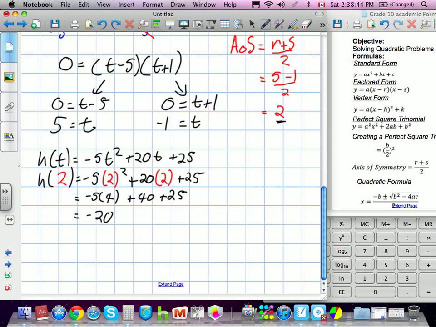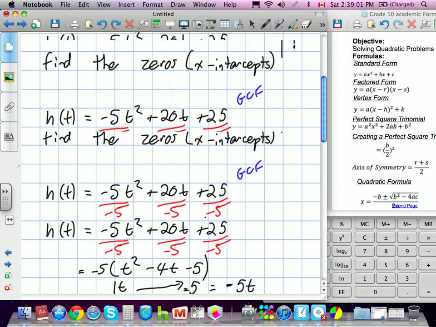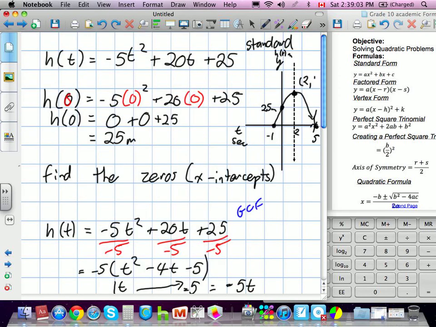What would that be? So what's the max height going to be? So our vertex is at 2 and 45. Or in other words, after 2 seconds, the ball reaches a max height of 45 meters. He's essentially thrown it 20 meters from where he started. After 5 seconds, this ball will again hit the ground and be at 0.